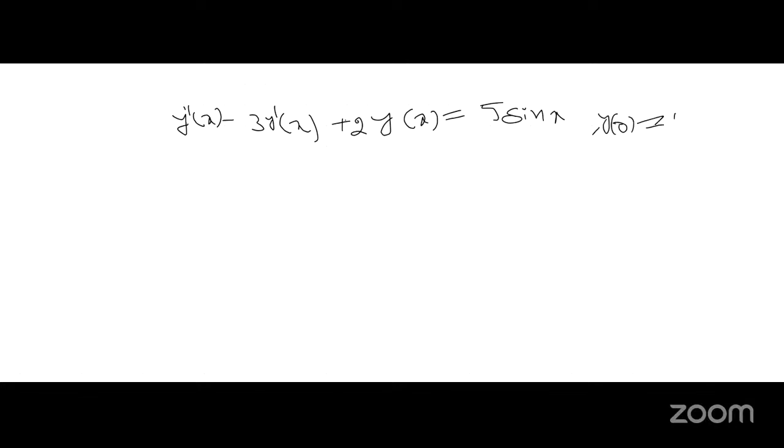See, this is the problem. y double dash of x minus 3 into y dash of x plus 2 into y of x equal to 5 sin x, with the conditions y of 0 equal to 1 and y dash of 0 equal to minus 2.